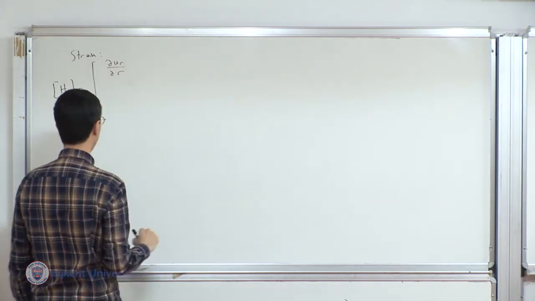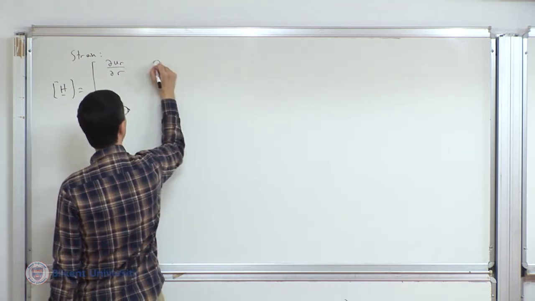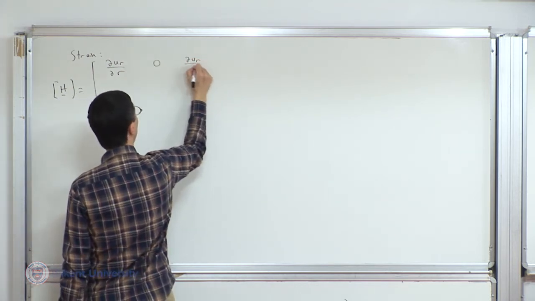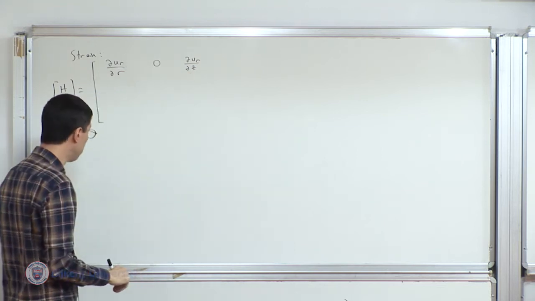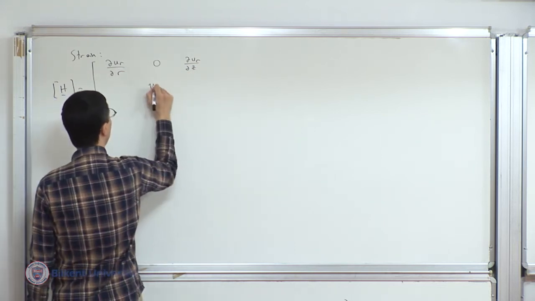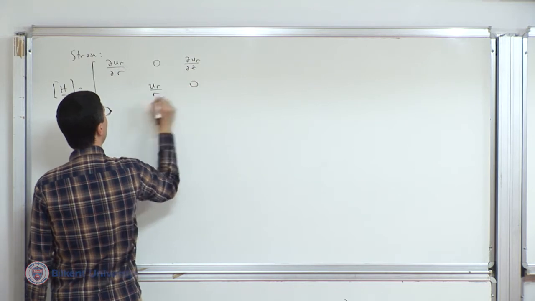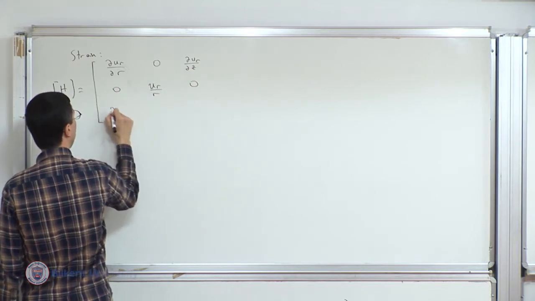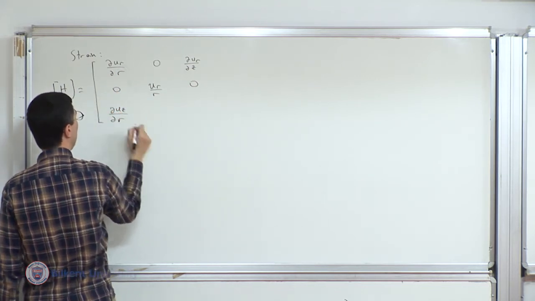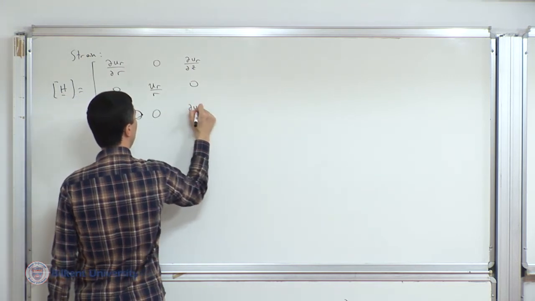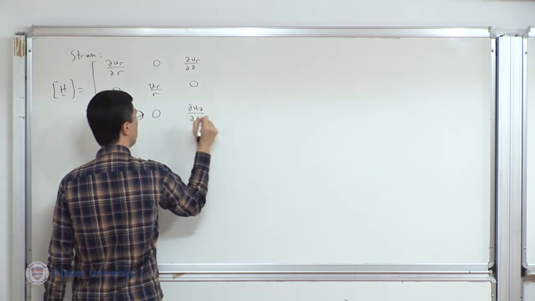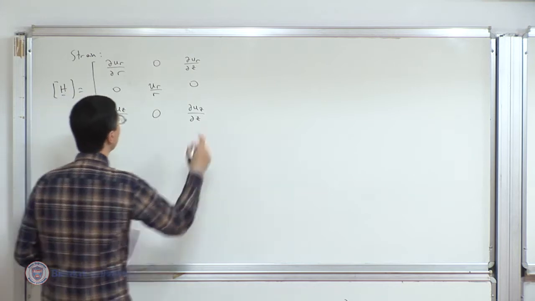So it's del ur del r. We have a 0. There is going to be a del ur over del z. Unfortunately, it remains there presently. We have a ur over r, a 0 over there. And here we have a del uz over del r, a 0 over here, and a del uz over del z. So that's our displacement gradient.